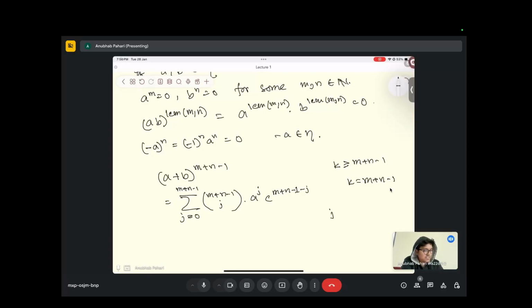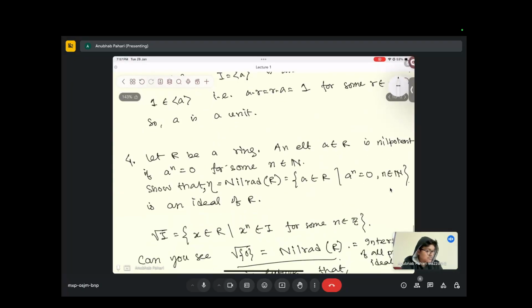after, when j is greater than or equal to n, obviously it has to be the smallest integer. When is n smallest?